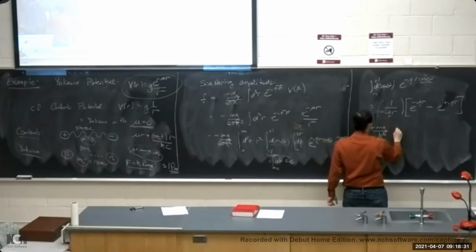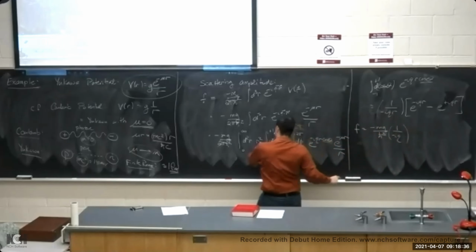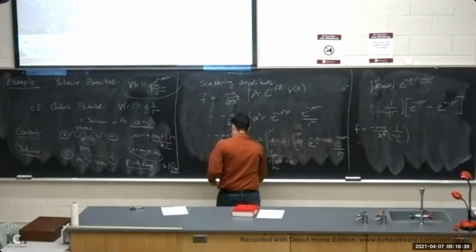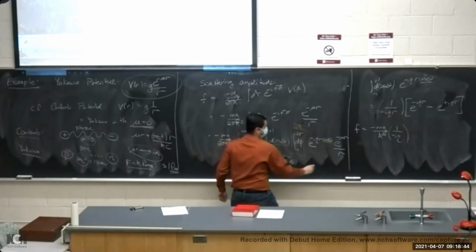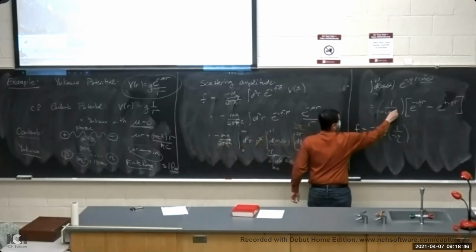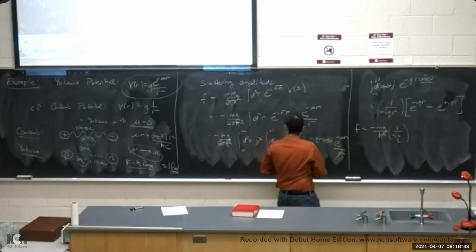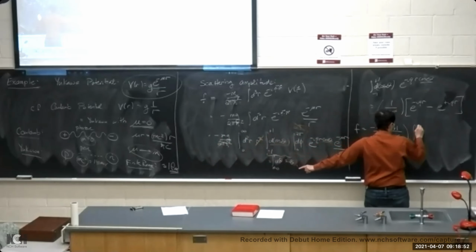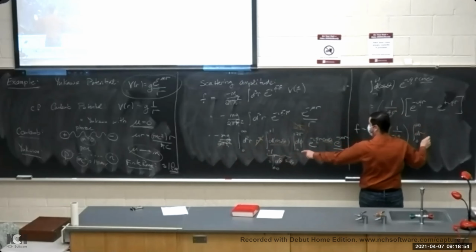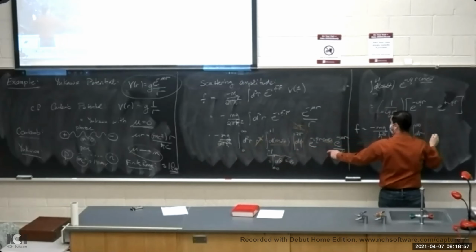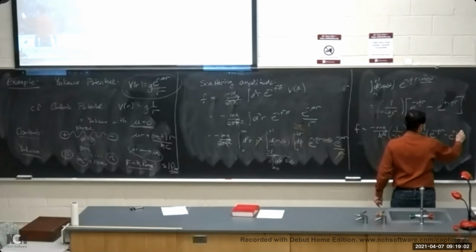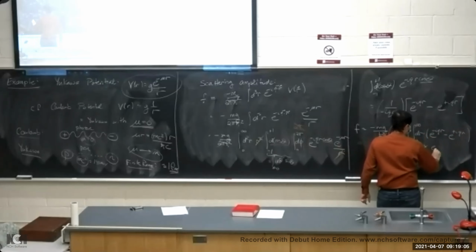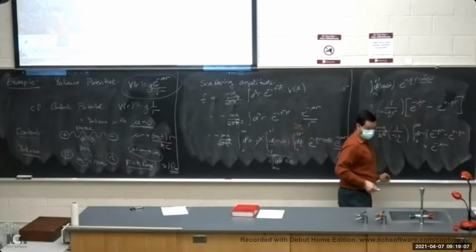Let me pull out the minus i q. And I have a 1 over r here, which kills one of the powers of r here. I also have a 1 over r here, which kills the other power of r. So I had r squared, cancels one r, and the other r. So what I'm left with is integral from 0 to infinity dr times the modulation that's left. I have e to the minus i q r minus e to the plus i q r times e to the minus mu r.